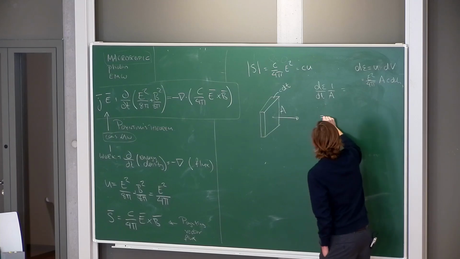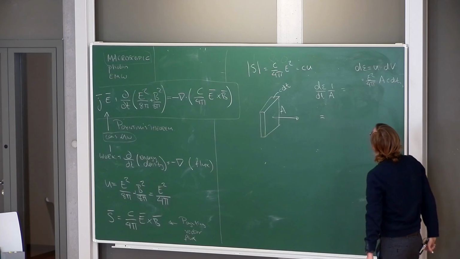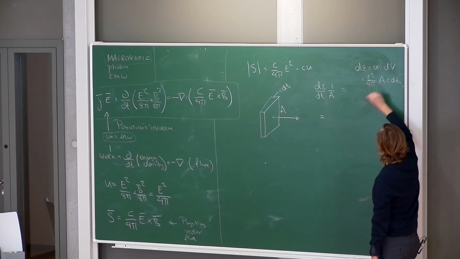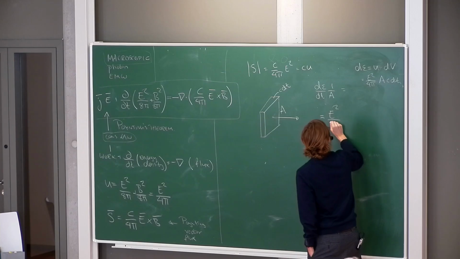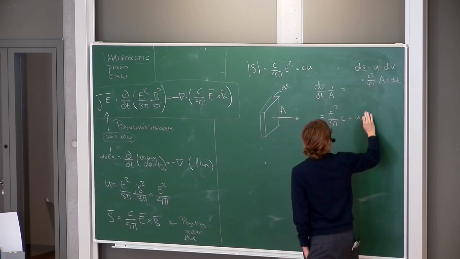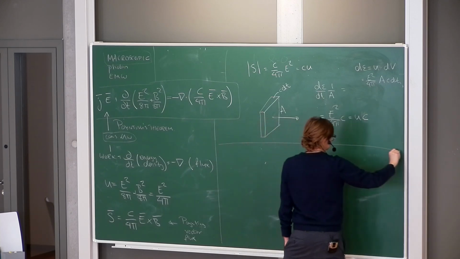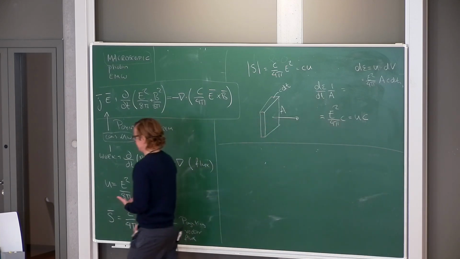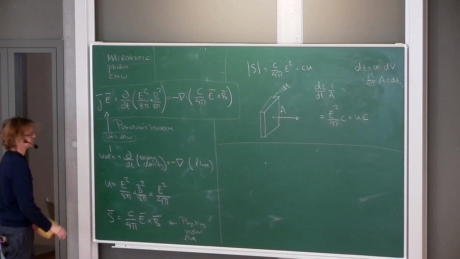So by just identifying that, t's cancel, A's cancel, and the only thing we're left with is indeed E squared over 4 pi times c, or u times c. So that makes sense in that respect. All right.